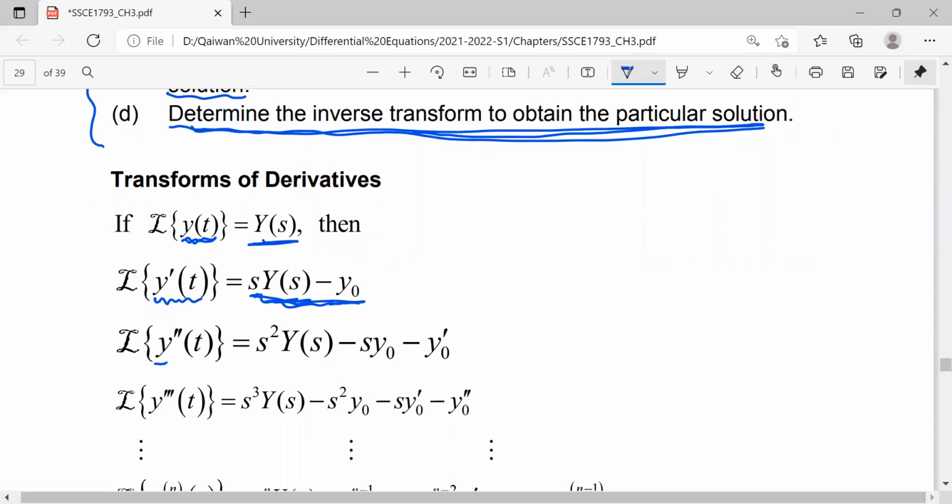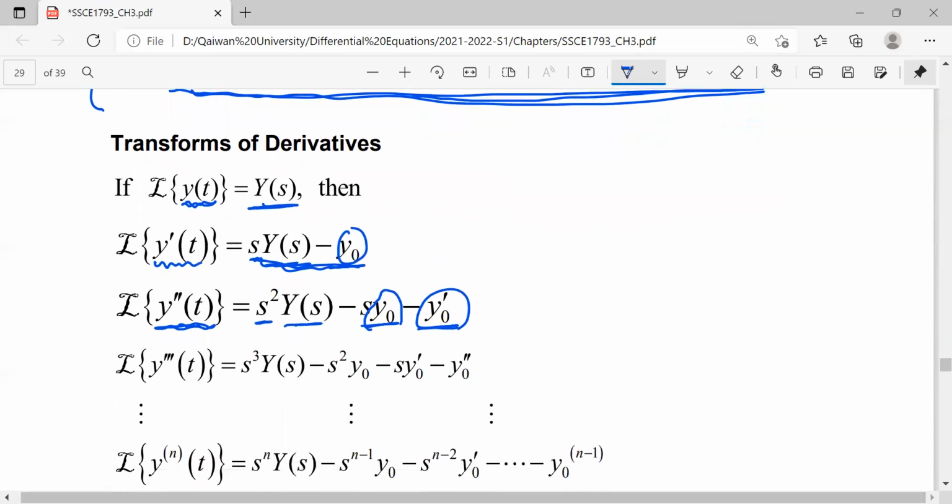The Laplace transform for y double prime of t equals s squared Y of s minus s y naught minus y prime naught. These two, y naught and y prime naught, are the conditions that will be given.